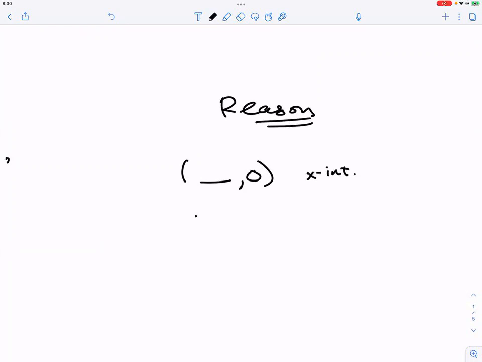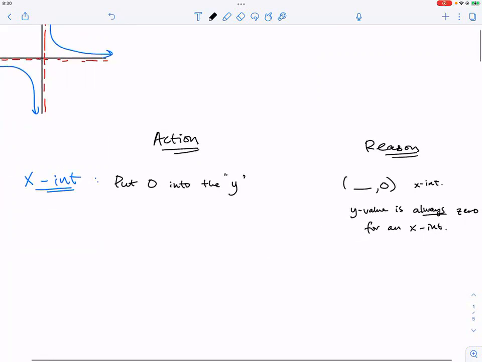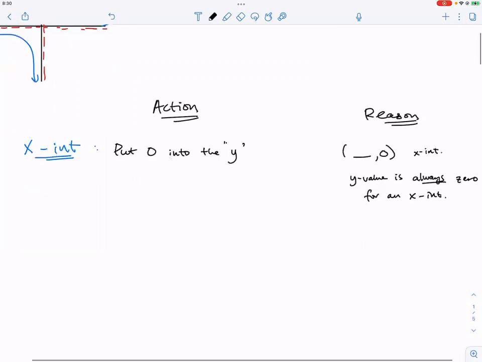So we say the y value is always 0 for an x-intercept. I want to make sure that you are not just knowing what to do. I want you to know the reason.